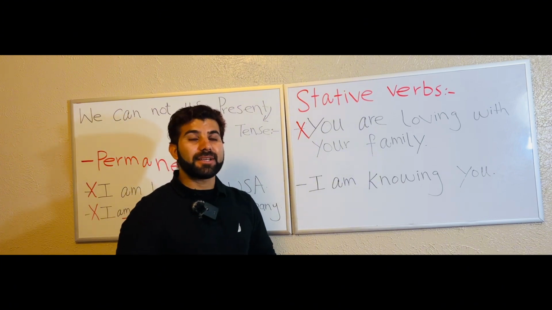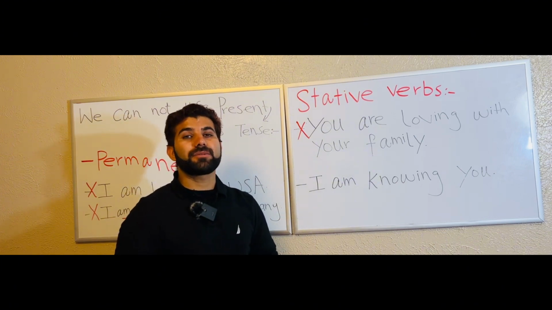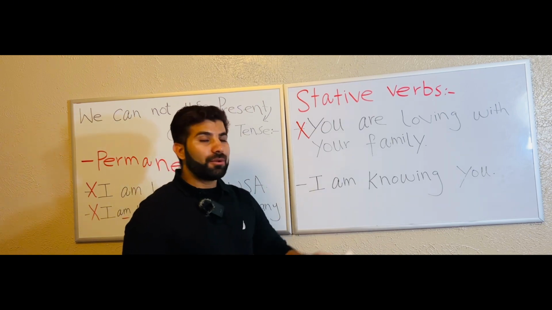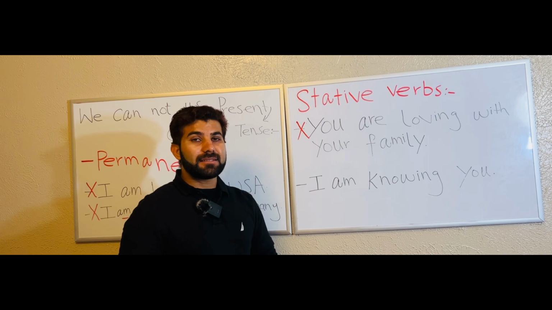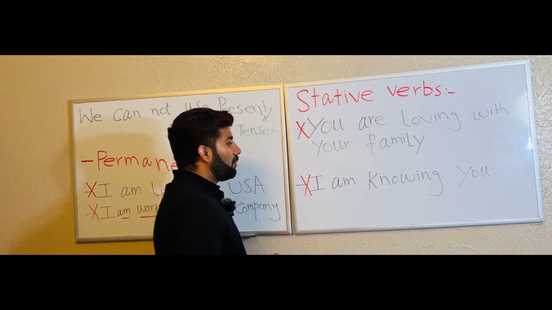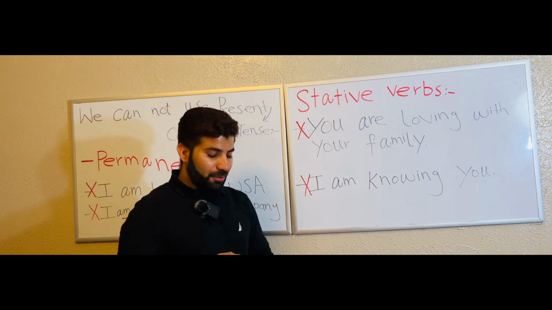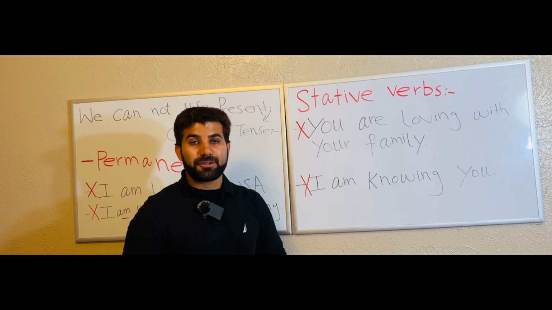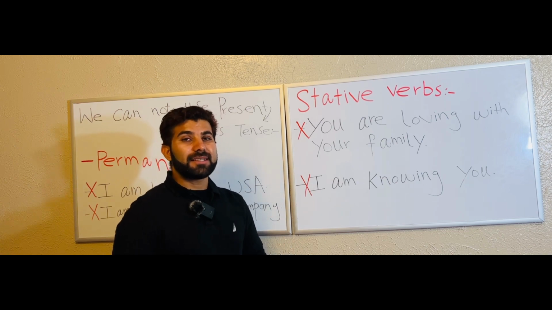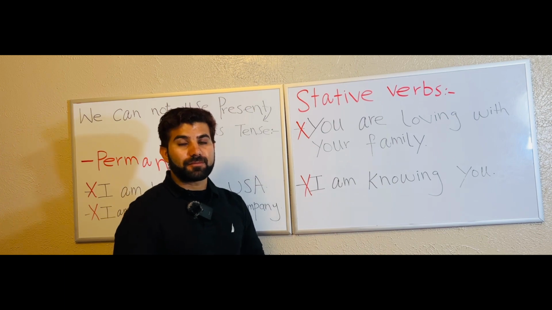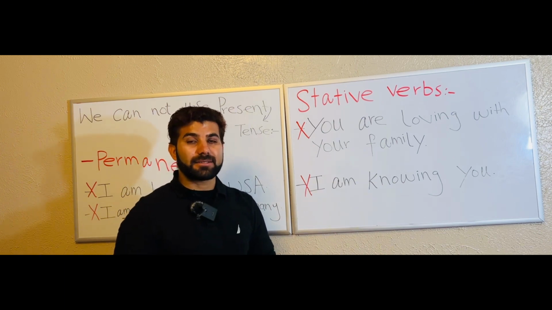So instead of present continuous, you need to use present simple tense. I am knowing you. This is incorrect because knowing is a stative verb. Instead of present continuous, we need to use simple present tense. I know you. That will be the correct sentence.